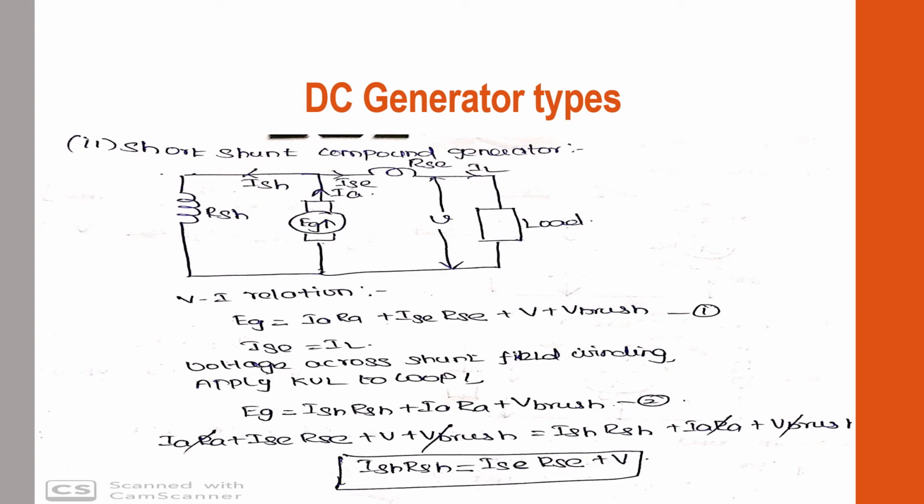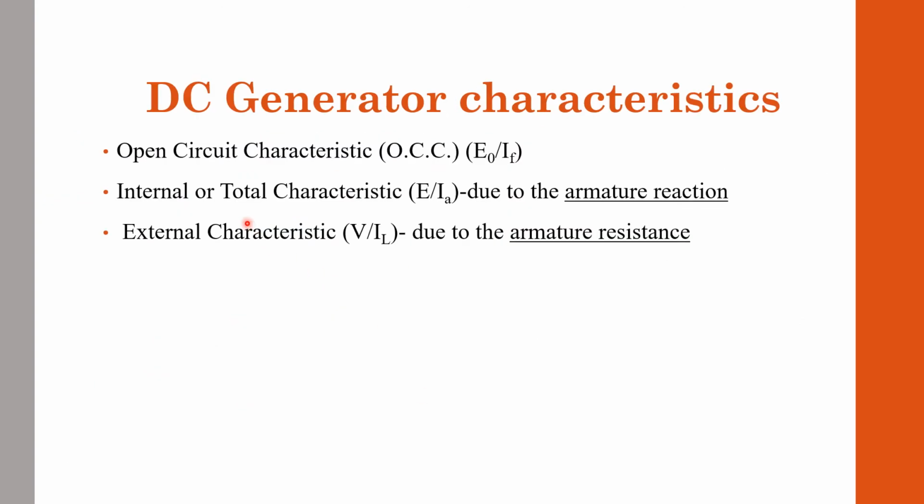All these voltage to current relationships, they will ask problems on. So you have to remember your circuit as well as the VI relationship. Then you can proceed with your problem easily. Your internal and external characteristics can be plotted between E and.